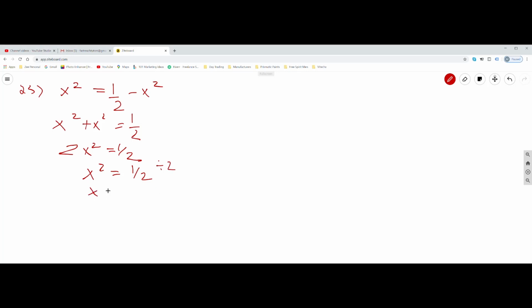So x squared equals 1/4. x equals 1/2 or negative 1/2. So we know that these are the points that we need to figure out the slope.